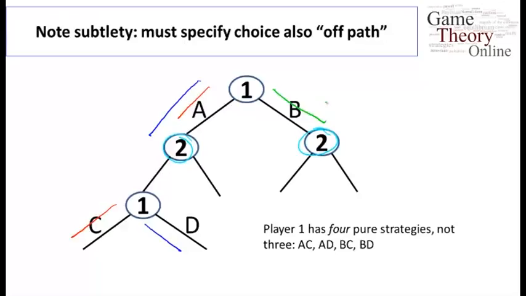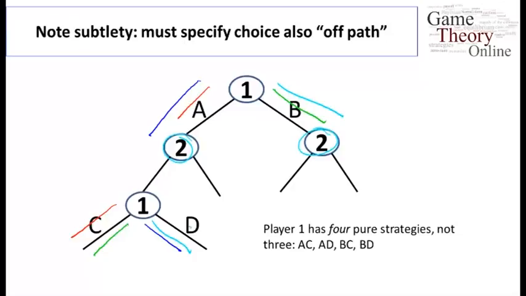But, and it turns out to be very important from the technical point of view, when you have decided to take the green route, you also have to decide what you would have done had you found yourself in node 1. For example, do this. And that's a different strategy from the strategy of going here and saying that you would have gone down this path. And so player 1 has 4 strategies in this game.